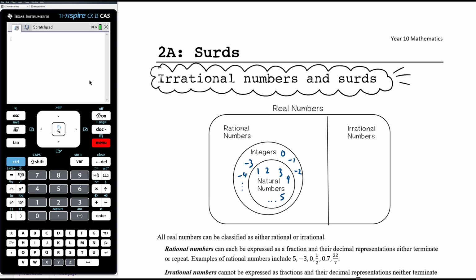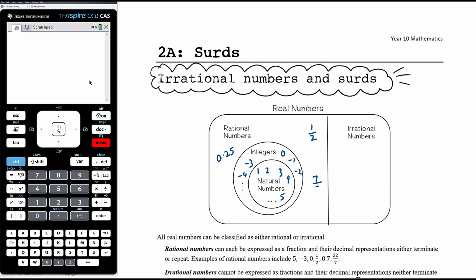Okay, then integers and natural numbers are actually part of a larger set of numbers that we call the rational numbers. And rational numbers are anything that we can write as a fraction. So that's not everything between all the whole numbers, but it is most things. Everything that we can write as a fraction: 1/2, 0.25. Even though we write it as a decimal, it can be written as a fraction. It's 1/4. It doesn't have to be less than 1.